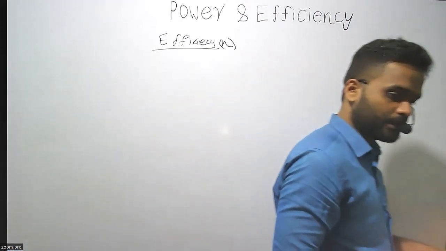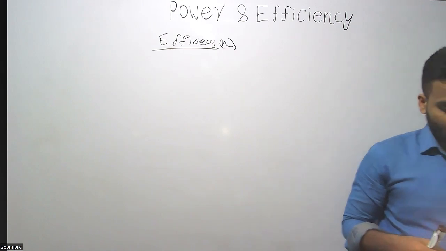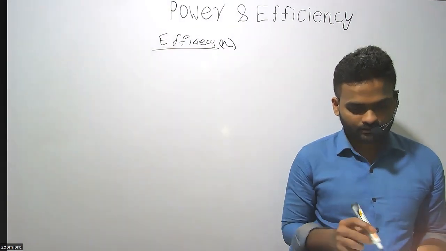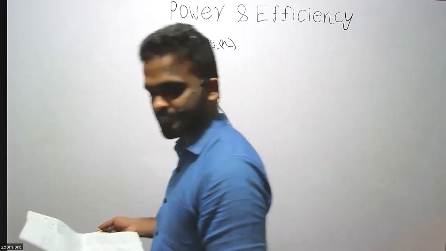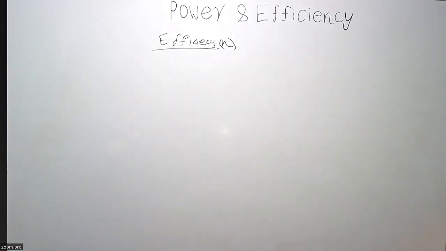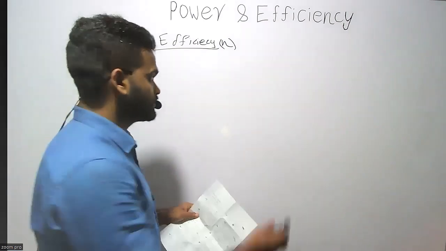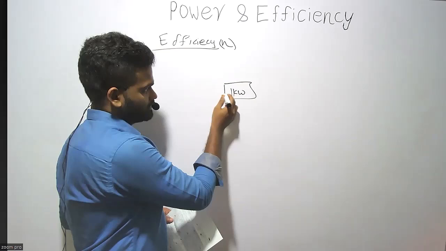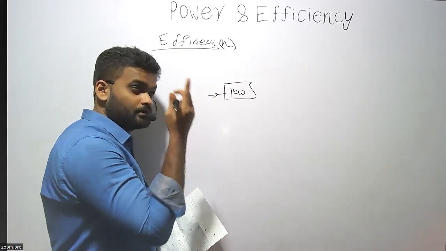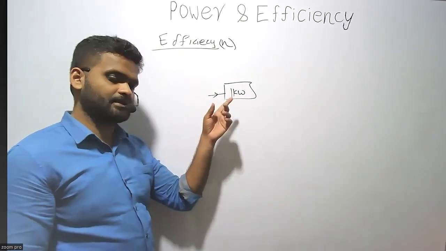Right, then we'll try the 9th question. Give you a minute, try that. Right, so we have a 1 kilowatt pump. 1 kilowatt pump means, as you have seen in motors or electric bulbs, they have this watts amount printed.